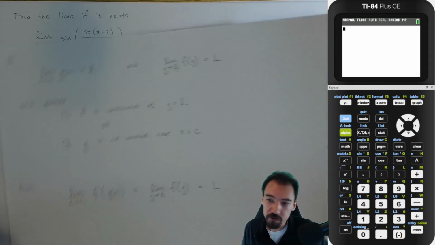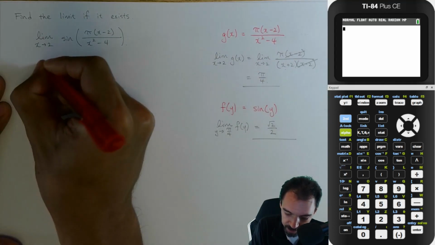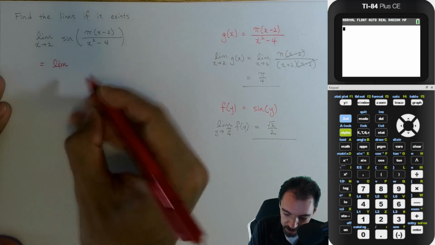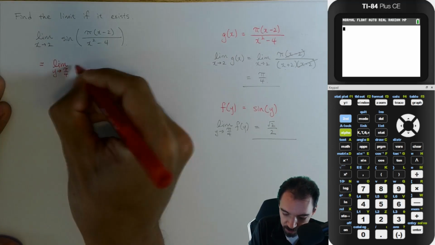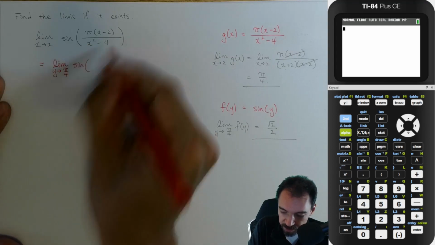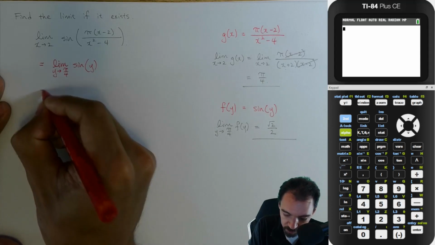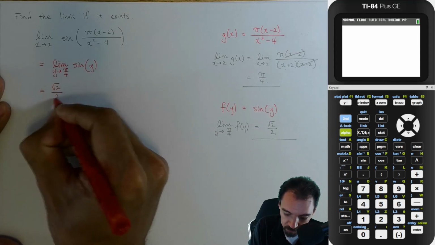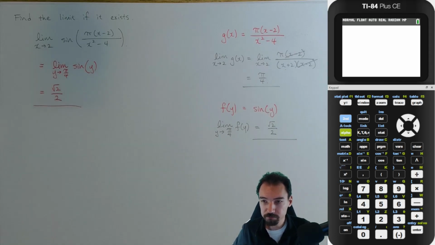I'm doing the inside first, then the outside. So this, I can say, is the same thing as taking the limit as y approaches pi over 4 of sine of y, replacing the interior function with this variable y, and then I already know that that is root 2 over 2. And I'm able to do that.